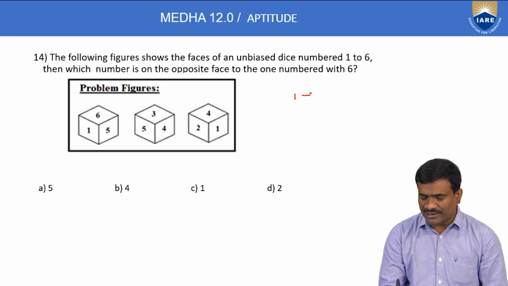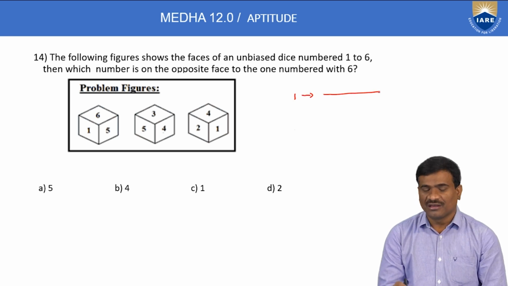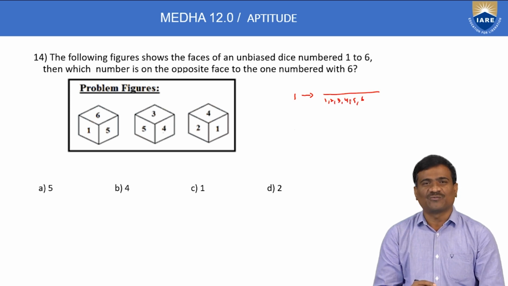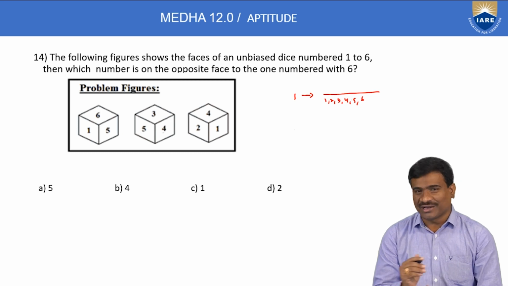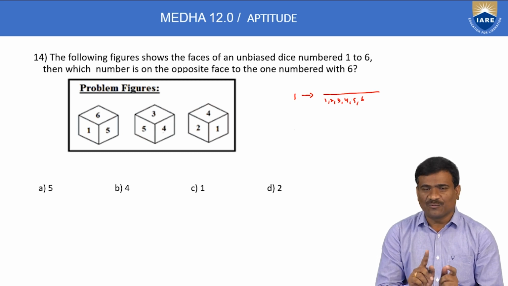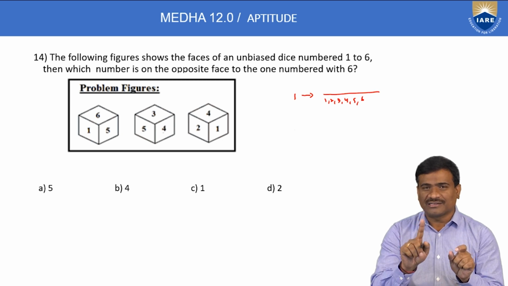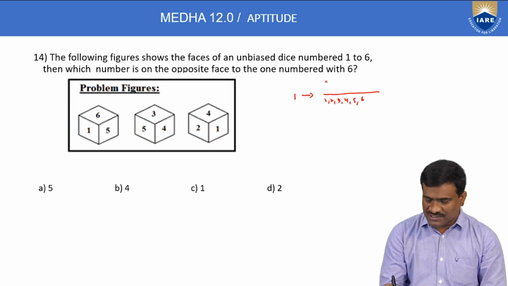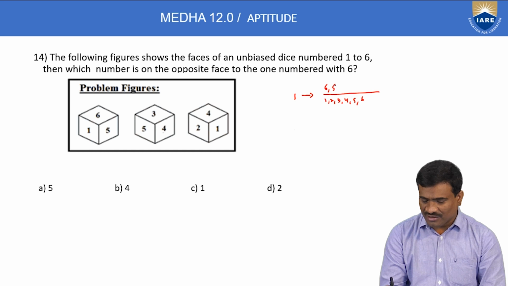Next, numerator and denominator. Denominator: a dice contains only 6 faces, 1, 2, 3, 4, 5, 6. Numerator: first die 1, 6, 5. Numerator, write 1's adjacent sides. First die 6, 5. Last die 2, 4.